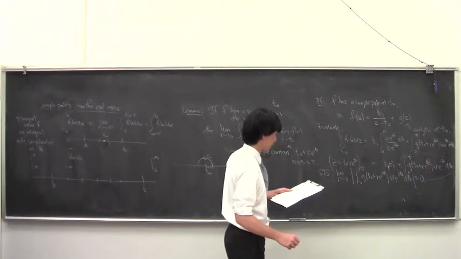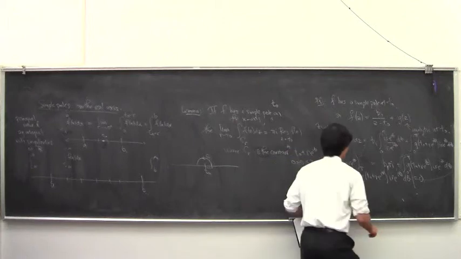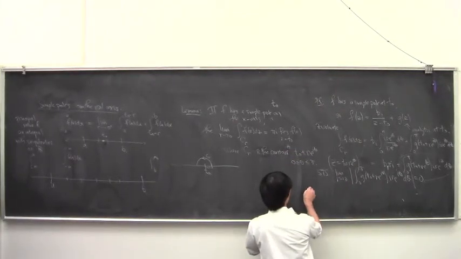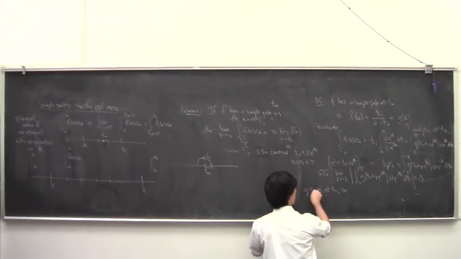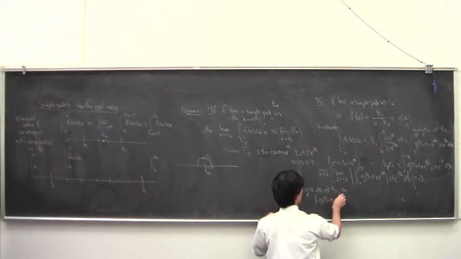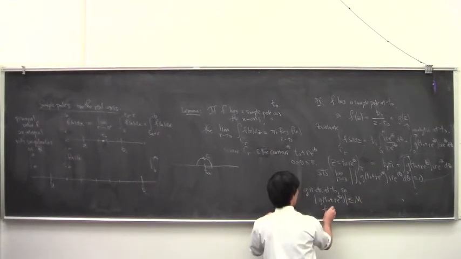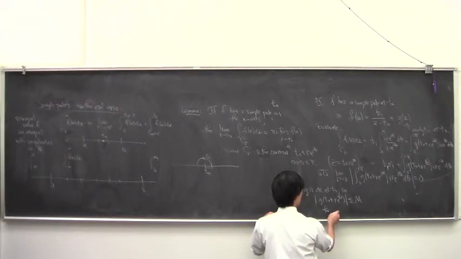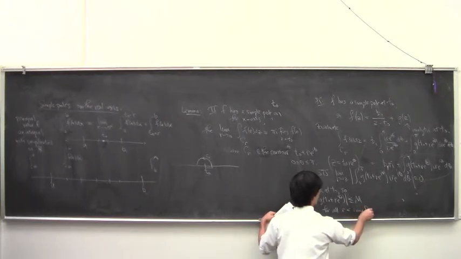Okay. But this is easy because G is analytic, so it's continuous at t naught. So if we try to bound the size of this thing, we know that this is bounded by some m for all r smaller than some small r.